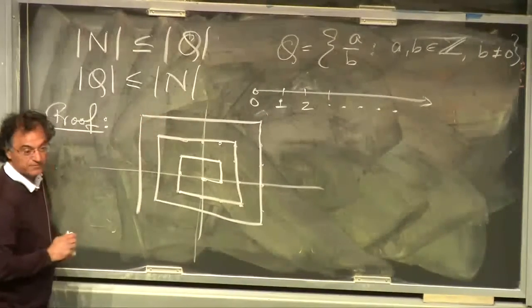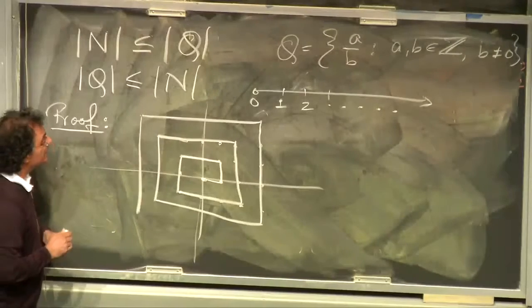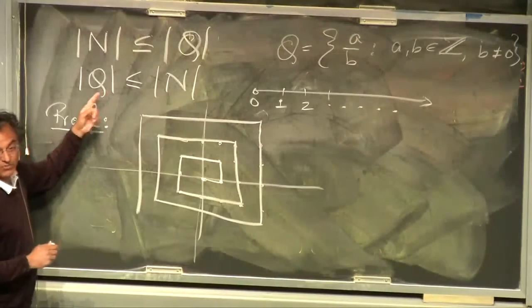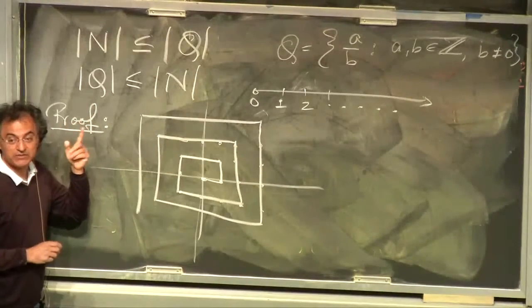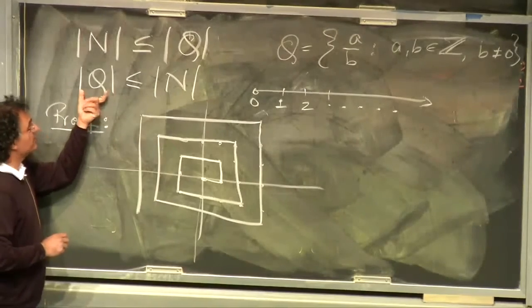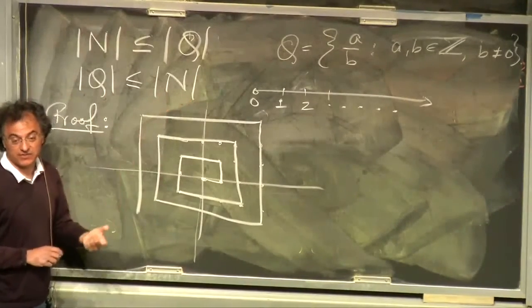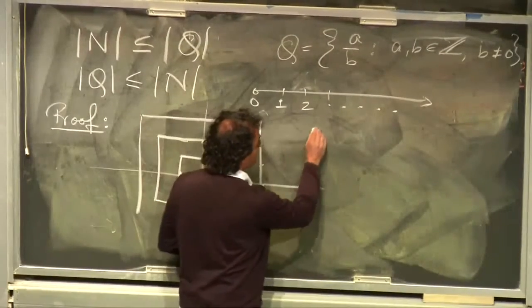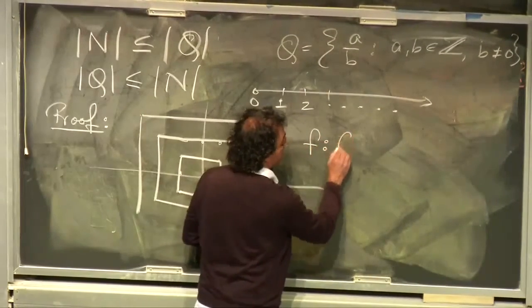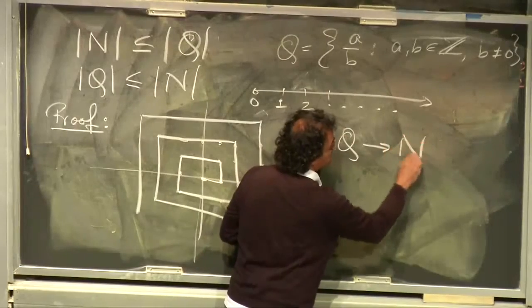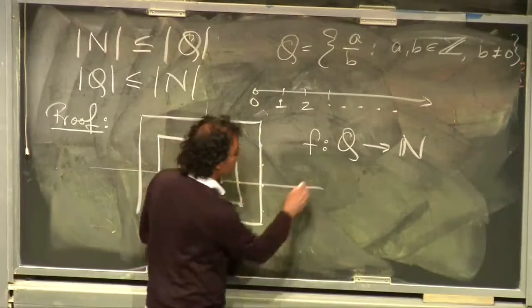Okay? And so now, remember what it meant to show that the set of rational numbers is less than or equal to the set of natural numbers. It means showing that there's a function which maps Q to N such that it's 1 to 1.